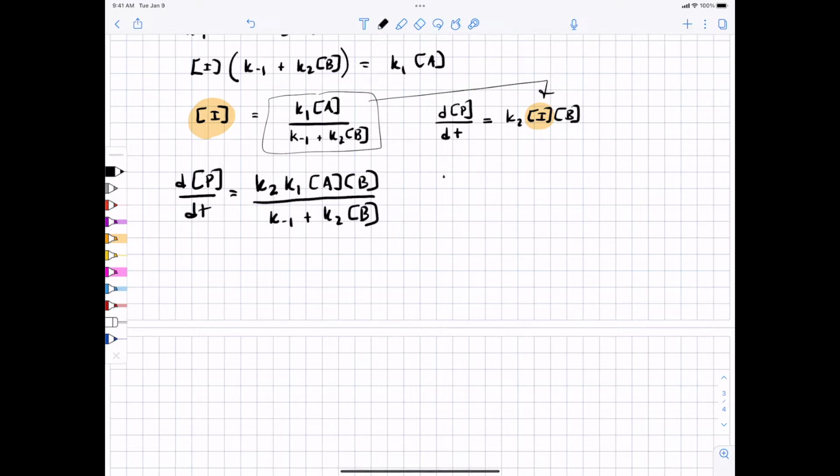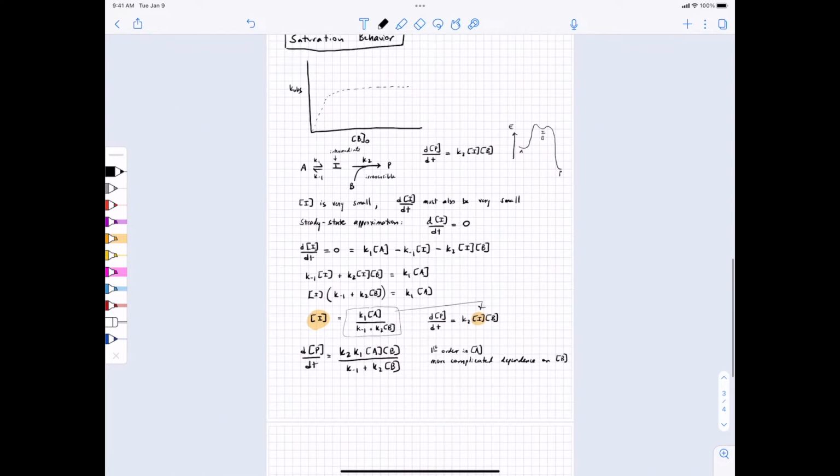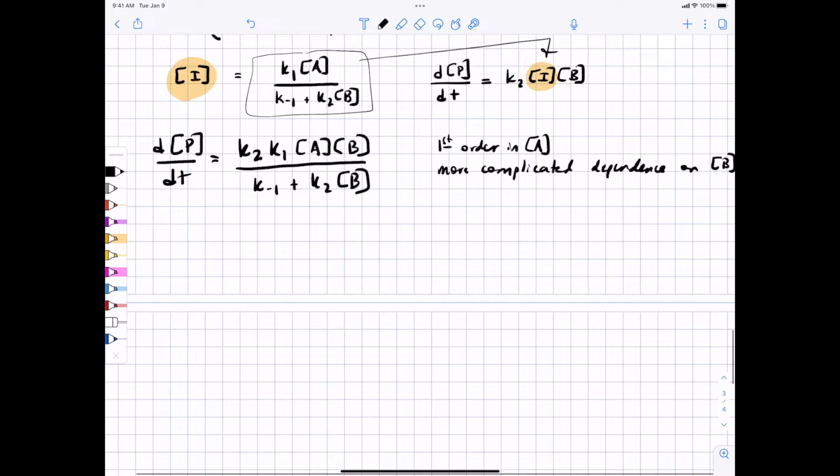First, the reaction you can see is first order in A, meaning that the rate depends linearly on A. But the reaction is more complicated in its dependence on B. If B is large, then we would expect k2 times B to be much greater than k-1.